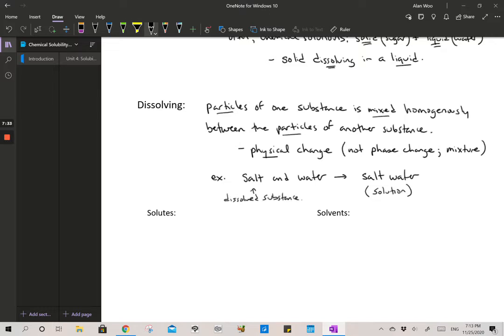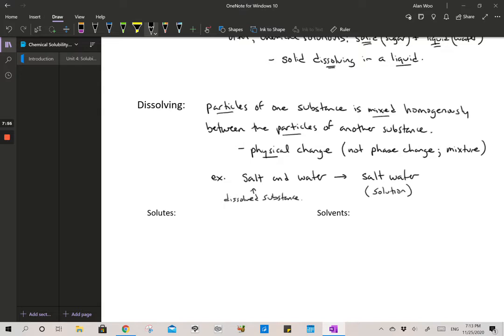But dissolving goes both ways. Because if we look at our explanation of what dissolving is, it's one substance mixed in with another substance in such a way where it forms a homogeneous mixture. So you could say that salt is dissolving in water, but someone could also say that water is dissolving in salt, and they'd be right as well.